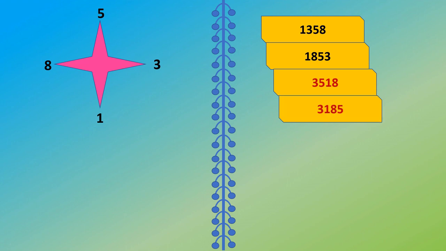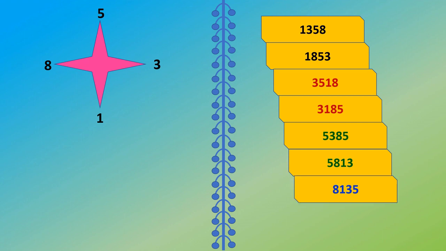3185. With the next digit 5 here, we make 5385, 5813. And with 8, we make 8135 and 8531. You need to look carefully and find out the biggest and the smallest number.